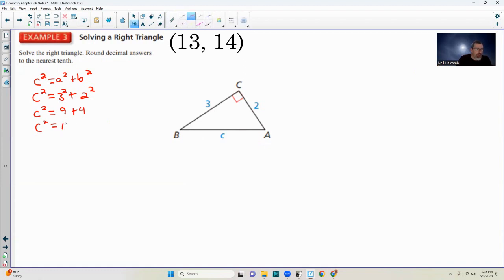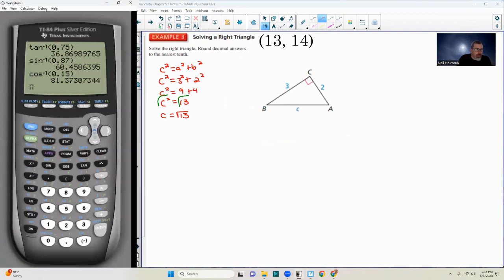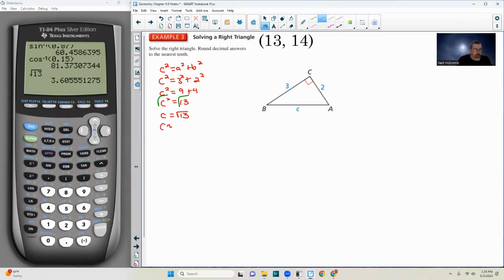I'm getting ahead of myself. 13, and then you take the square root of both sides, like so, and that will give you C equals the square root of 13. So if I get my calculator out, the square root of 13 is approximately 3.6. Okay, so I found the side. That's approximately 3.6.